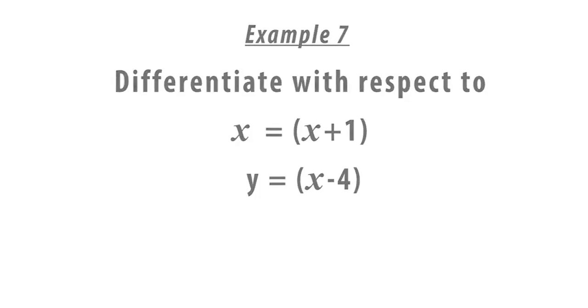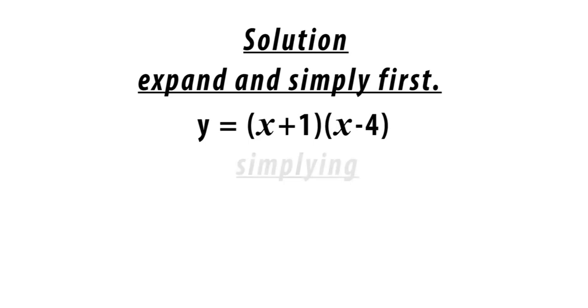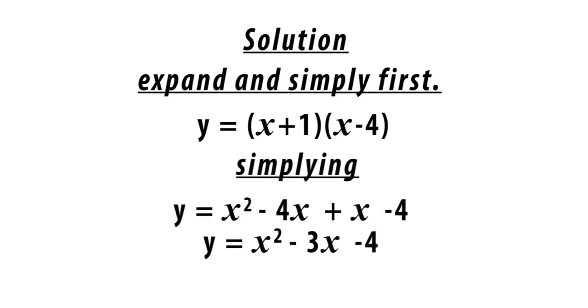So when we expand this, we are going to have y is equal to x squared minus 4x plus x minus 4. And simplifying that will give us y is equal to x squared minus 3x minus 4.